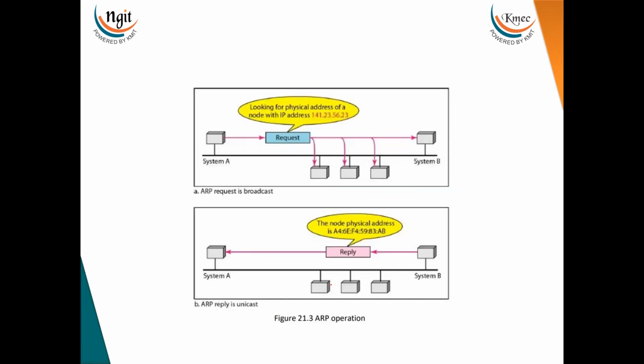Let us take a generalized example. In our lab, we have a number of client systems, and all these clients are connected to the server. How are these clients going to connect to the server? By using a MAC address.